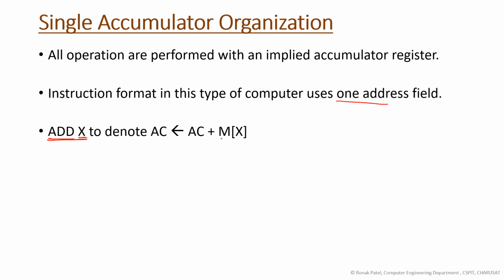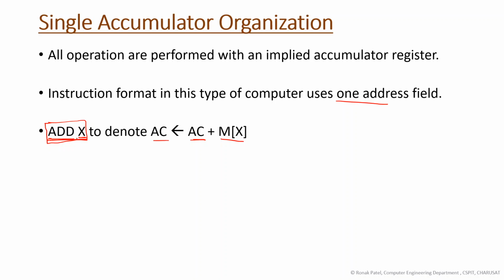From that memory location it gets the value and adds it with the accumulator. Whatever value you have in the accumulator, it will add with that and store the result into the accumulator only. This can be written using this instruction.